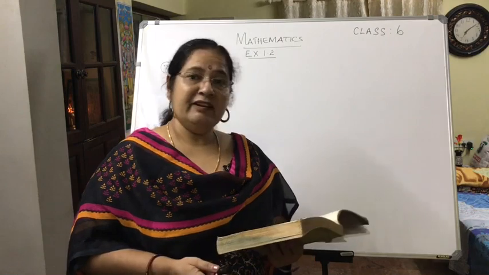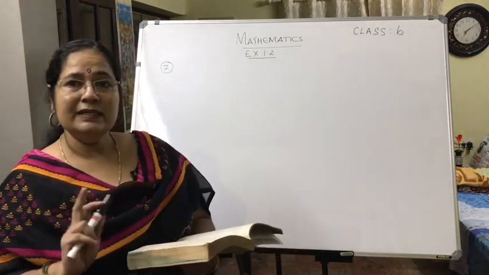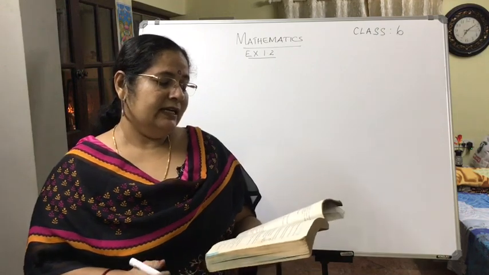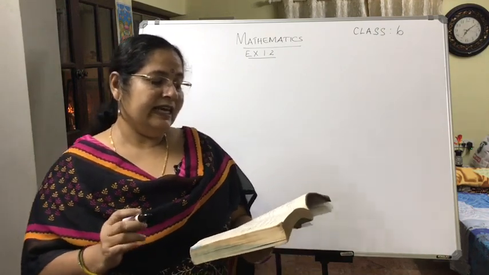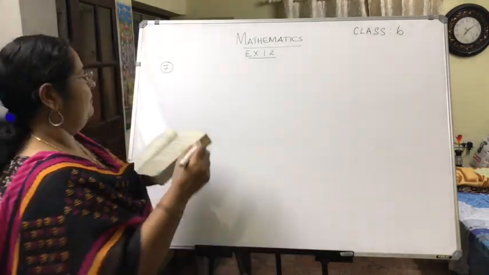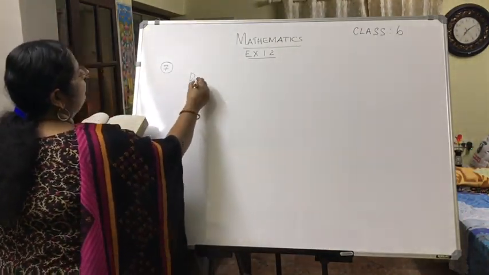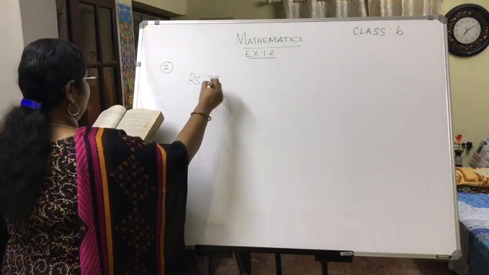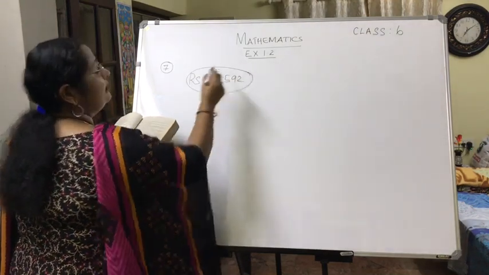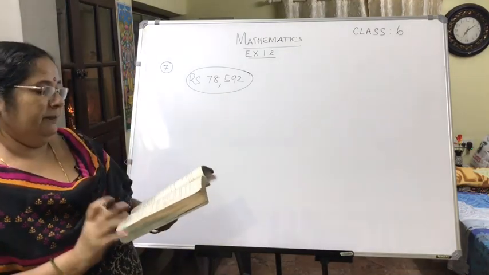Now I am going to take question number 7. Question 7 reads, a merchant had rupees 78,592 with her. She had this with her.